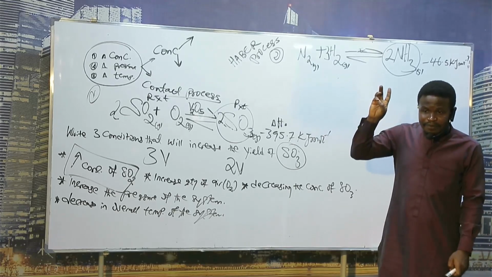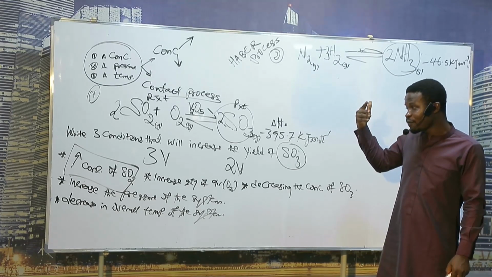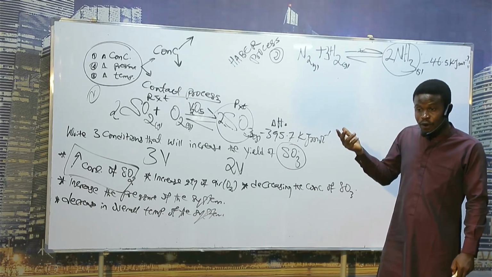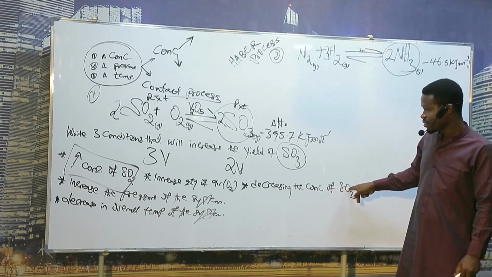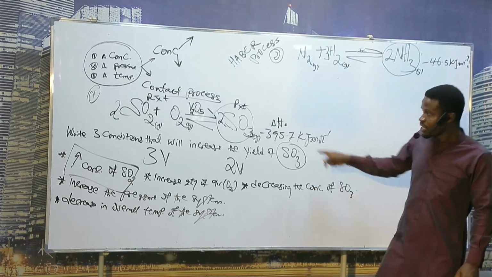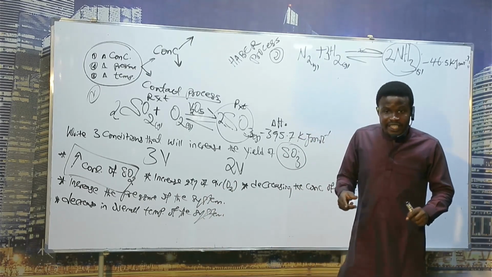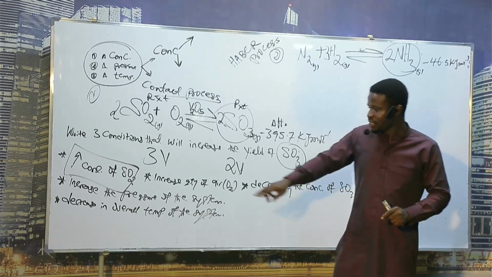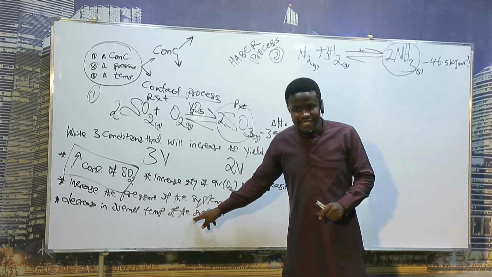Number one, increase in concentration of SO2. Two, increase in the volume of air. Number three, increase in overall pressure of the system. And lastly, decrease in overall temperature of the system.